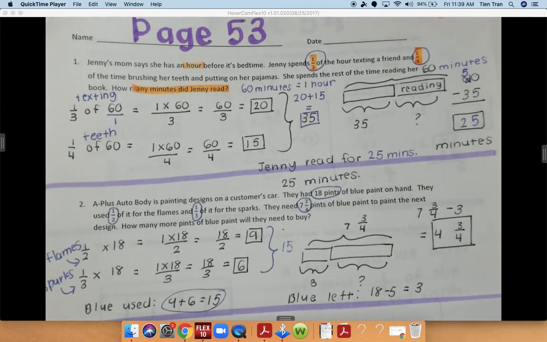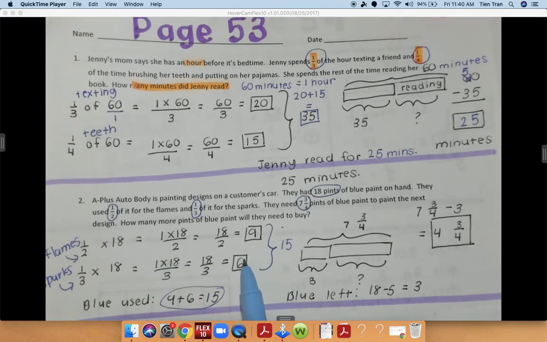With that number 15, I'm going to make sure that I use it, okay? So we know that there's 7 3/4 pints of blue paint to paint the next design. So I have 7 3/4 right here. And we know that the next paint design will need to be subtracted.